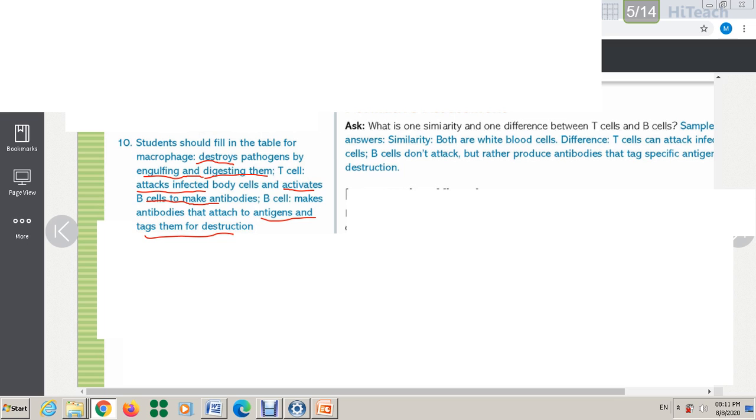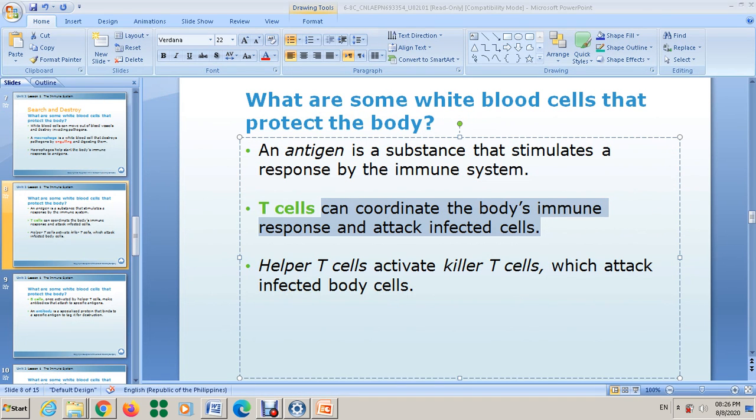I'll give you another question here. Coughing and sneezing are common symptoms of a cold. Research how coughing and sneezing help the body fight infection. How do you think coughing and sneezing fight the infection?